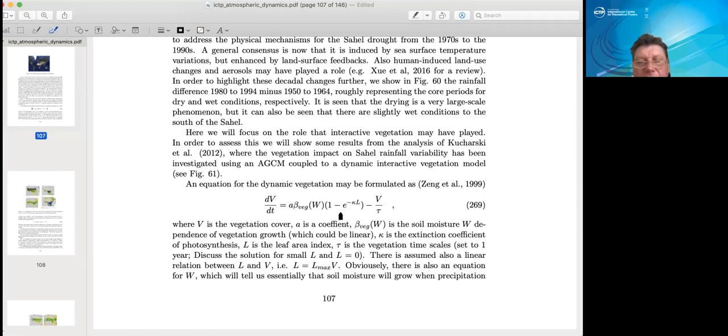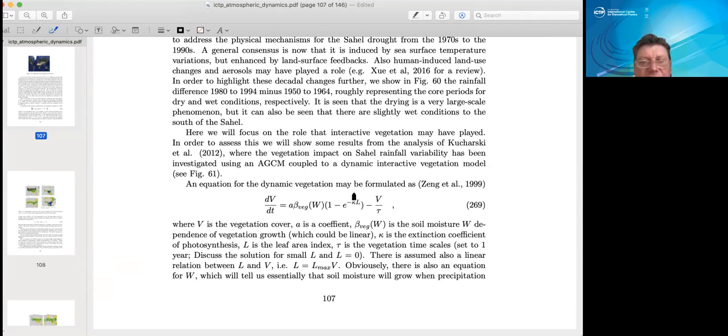Then there's this other term here, and L is again a function of the vegetation cover. If vegetation cover is very large, then this becomes small, and the vegetation just grows if there is water available.